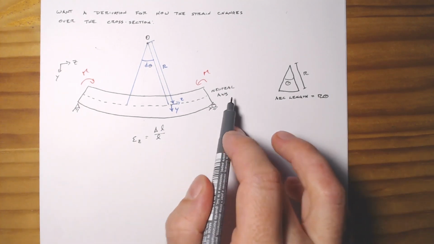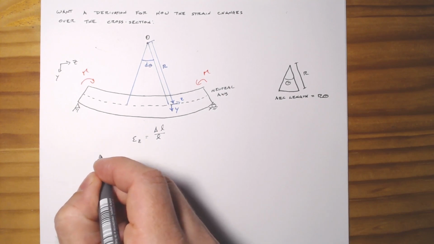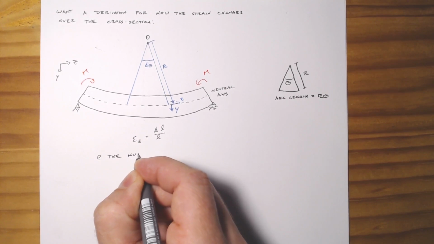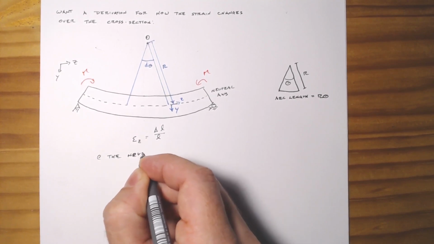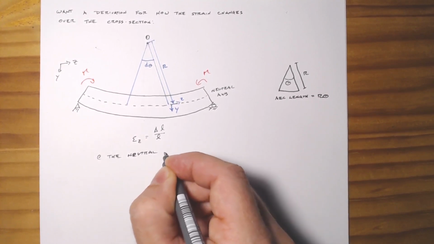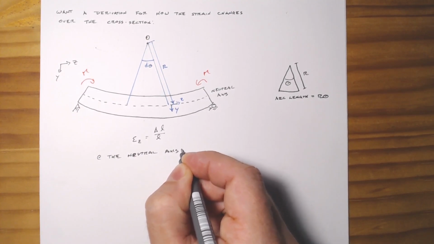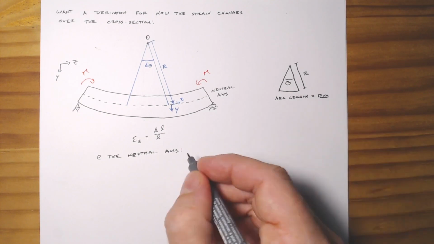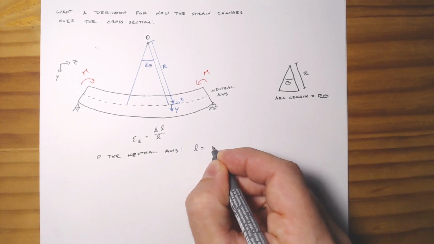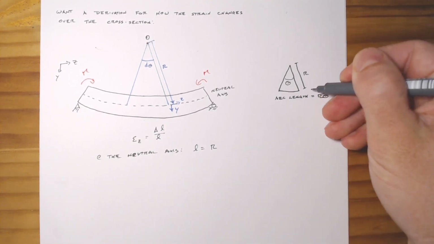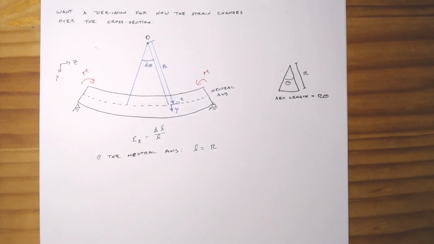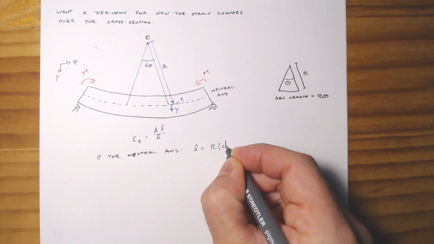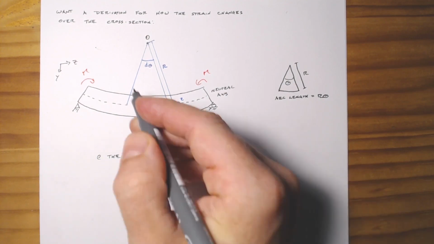And so at the neutral axis, this original length L is simply going to be equal to this radius r, by which we are rotating all of our plane sections around, multiplied by this angle d theta.